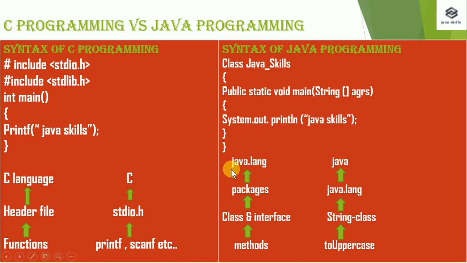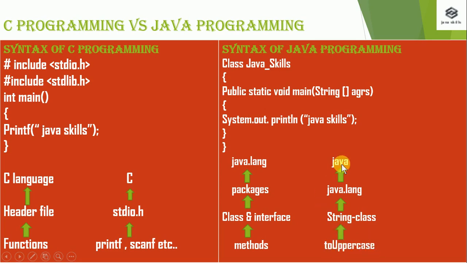Here java.lang is a package which contains classes and interfaces. These classes and interfaces contain methods. Here I give an example: the Java programming language contains a package java.lang, and this java.lang contains a String class, which contains a method toUpperCase.